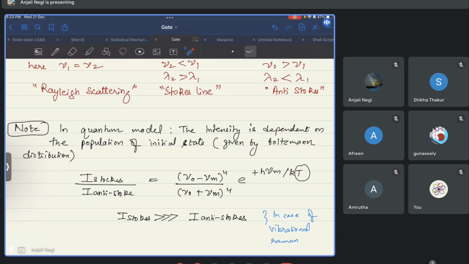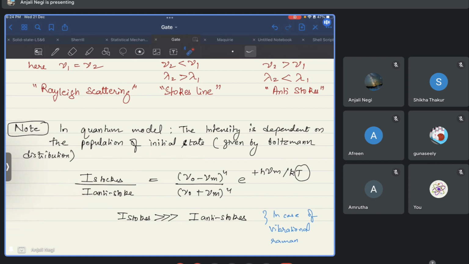And since we know that in a quantum model the intensity depends on the population of the initial state, given by the Boltzmann distribution, if we take the ratio of the intensity of Stokes versus the intensity of anti-Stokes, so if you remember, I have told you that the intensity of scattered light is proportional to lambda to the power minus 4, and hence we will have frequency to the power 4, correct?